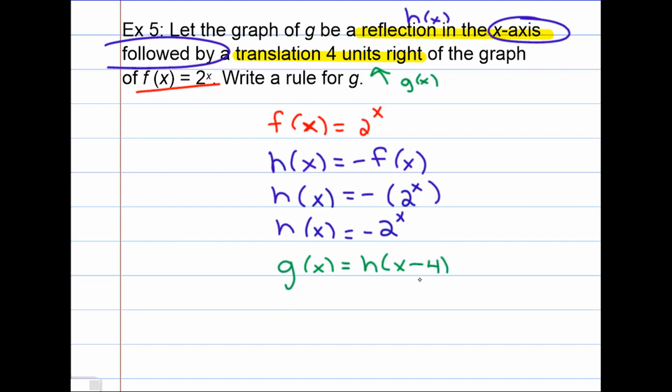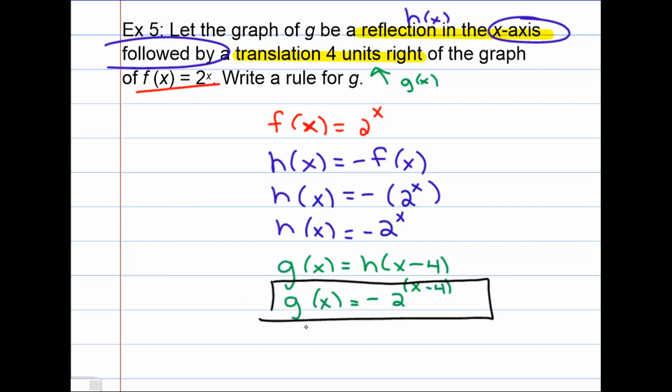So wherever my x is, I am changing that x to become x minus 4. So I have negative 2. The x is in the exponent, so I have x minus 4 now in the exponent. And nothing else changes. I cannot simplify that anymore at all. There's my final answer. G of x equals negative 2 to the x minus 4 power.